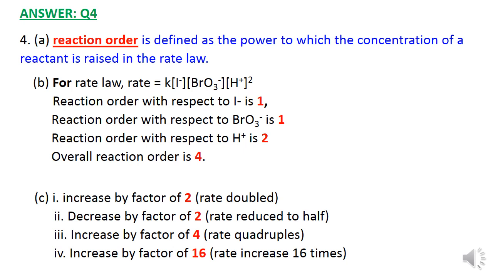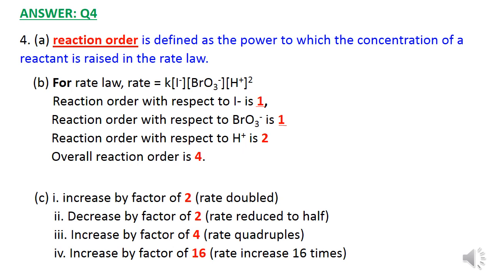For B, the rate law states rate equals k, concentration of iodide, bromate and H plus to the power of 2, so the reaction order with respect to iodide is 1, with respect to bromate is 1, and with respect to H plus is 2. And the overall reaction order is the total of the orders, which is 4.